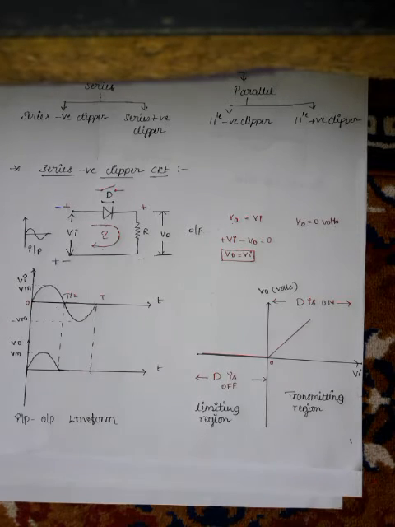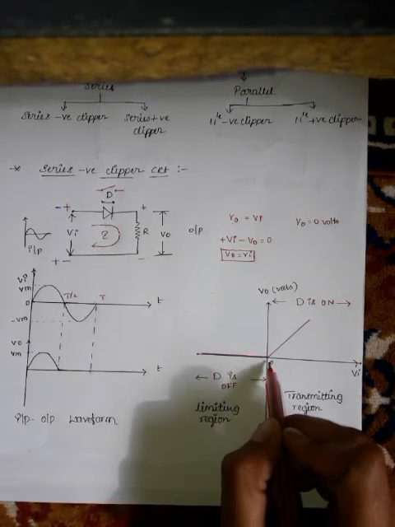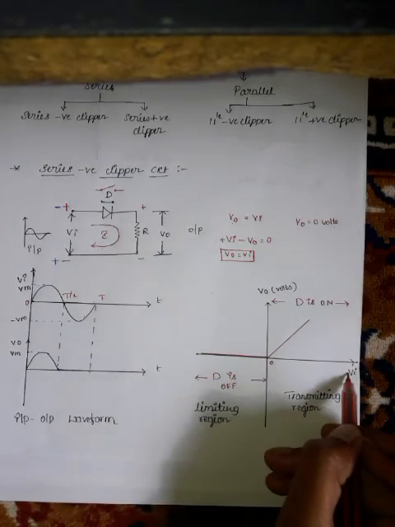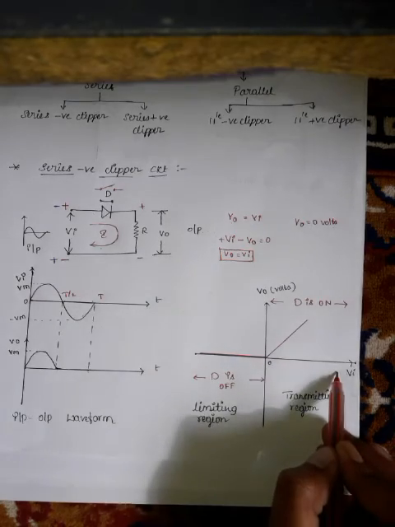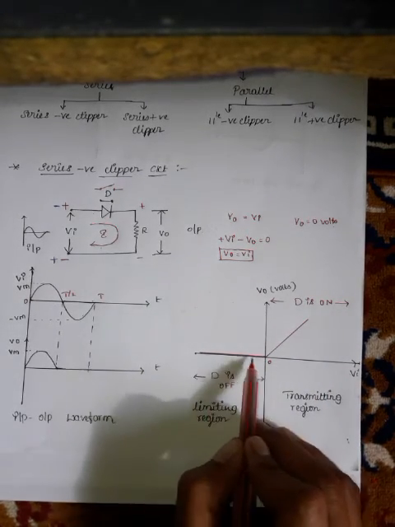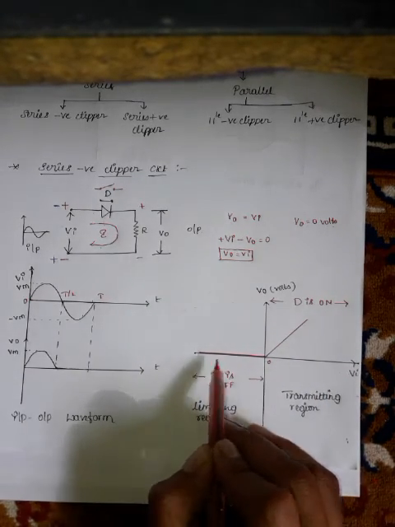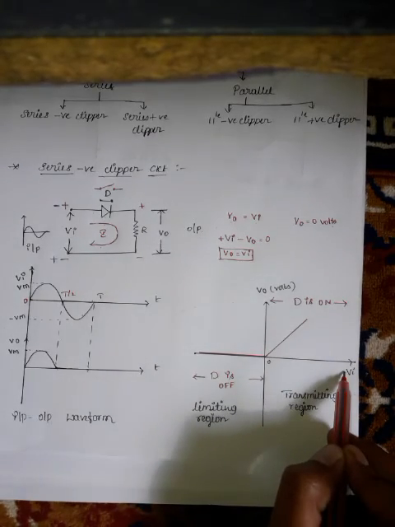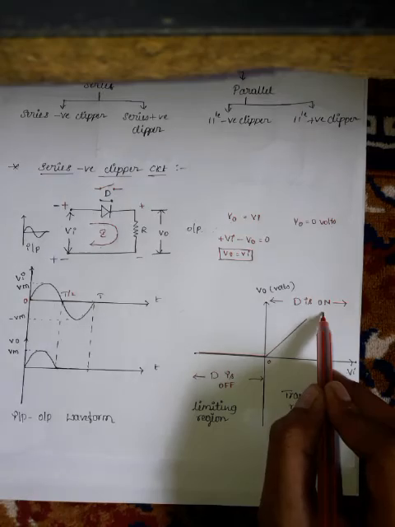Next we have the transfer characteristic. For the transfer characteristic, we plot the output voltage with respect to the input voltage. See here, this is the positive value of the input and this portion is the negative value of the input signal. When the input voltage has a positive value, the diode will be in the on condition.